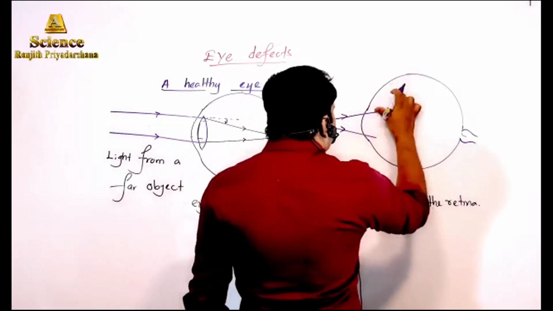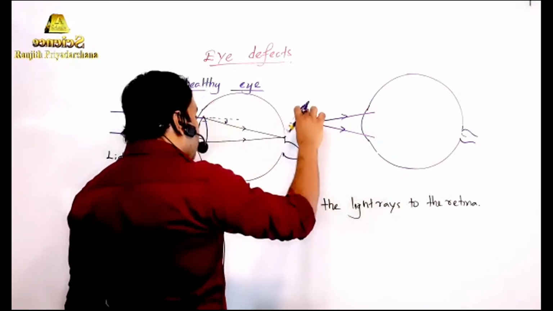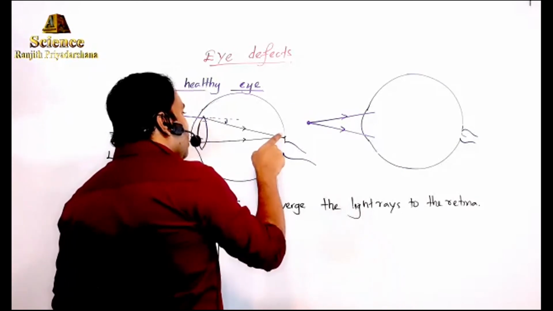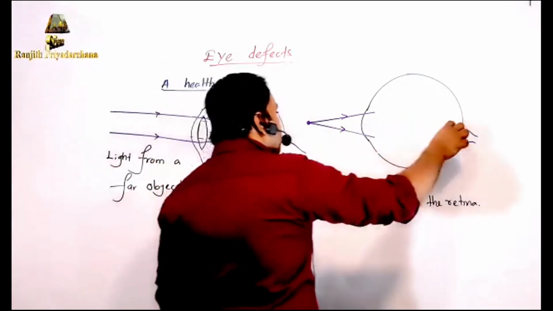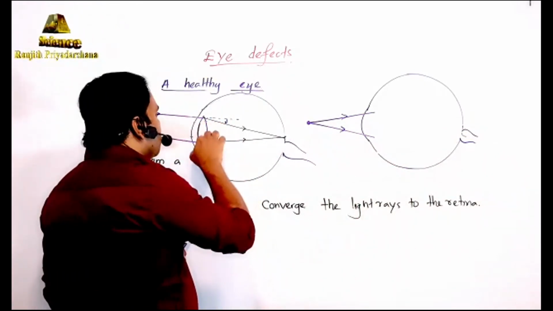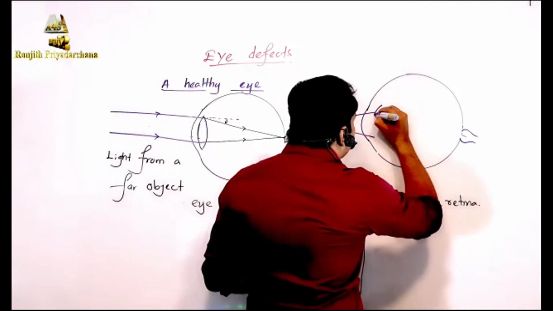Now, this image of the same object which is closer to the eye also has to be focused onto the retina. Then what do we have to do? So we have to increase the curvature of the eye lens.